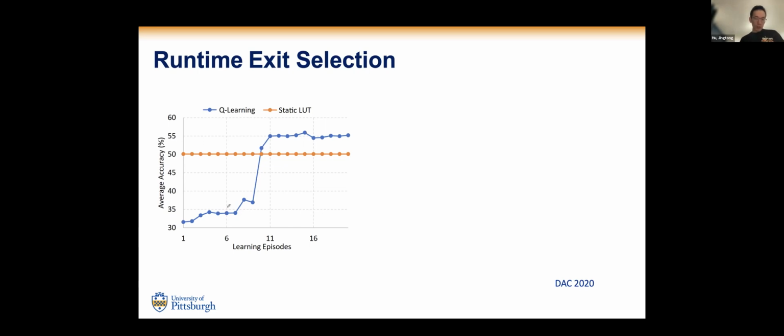This shows that if we are just using a static lookup table, it may perform well at the very beginning, but after a couple of learning episodes, the Q-learning method can achieve a higher accuracy.